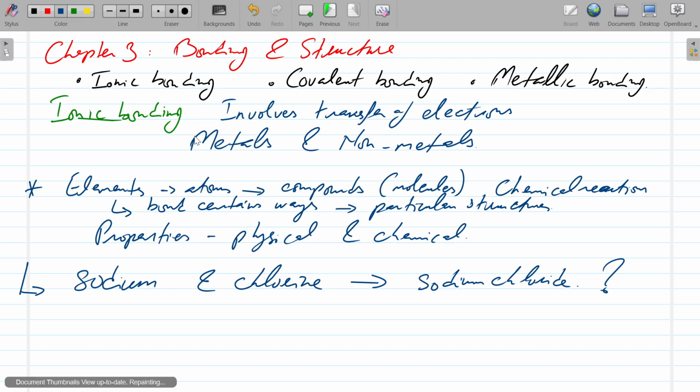So you need to look at their electronic configuration. The electronic configuration for sodium is 2, 8, 1. Na has 11 protons, which means 11 electrons as well, which means it has only one outermost electron. And then you've got chlorine, which is 17, so you have 2, 8, and 7.